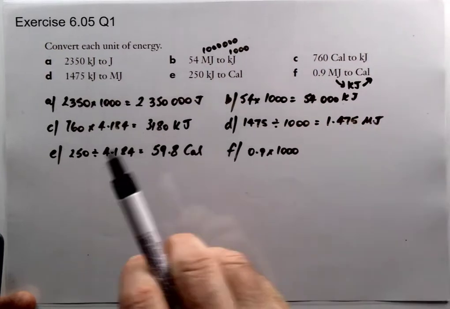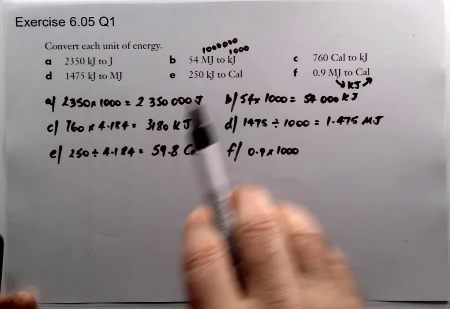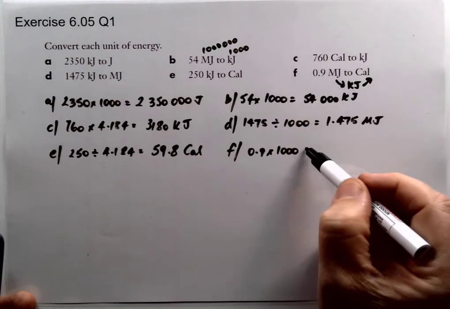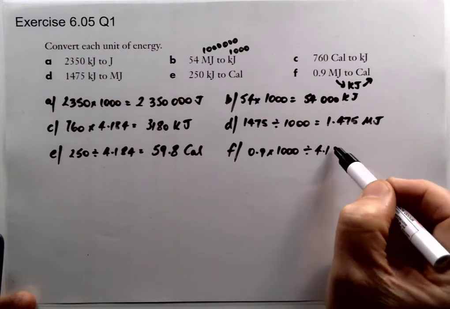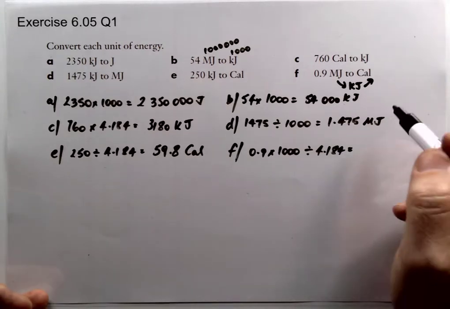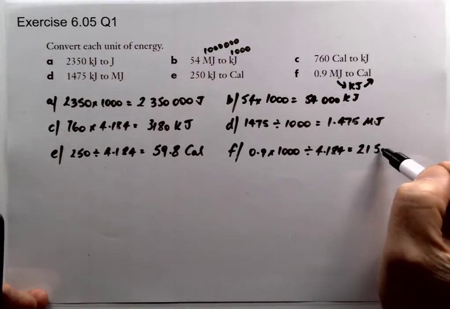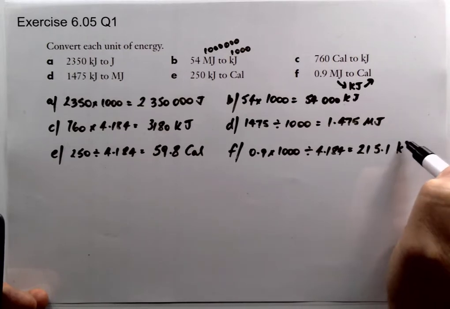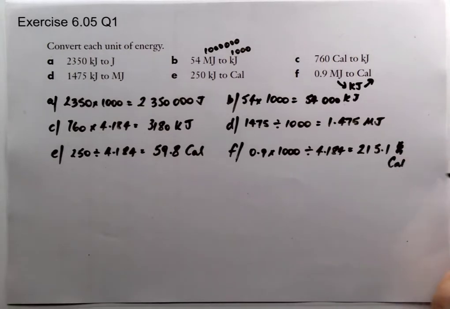And then we're converting from kilojoules to calories, so the unit's getting bigger, so the number needs to get smaller. Okay, and again rounding that off, 215.1 calories we end up with at the end.